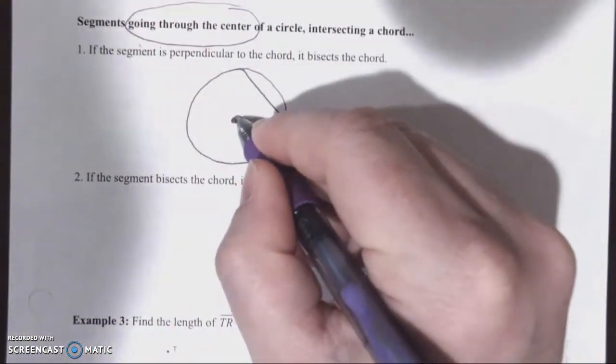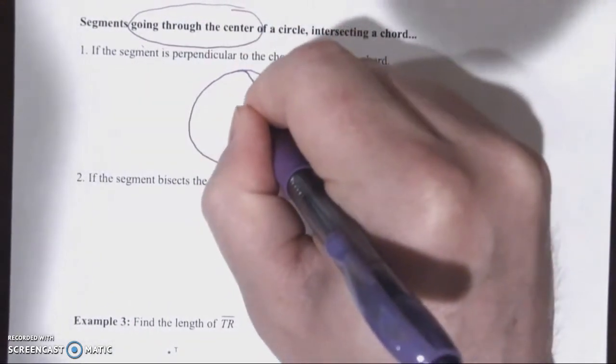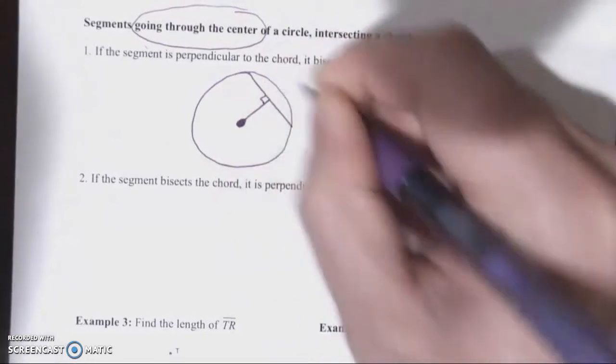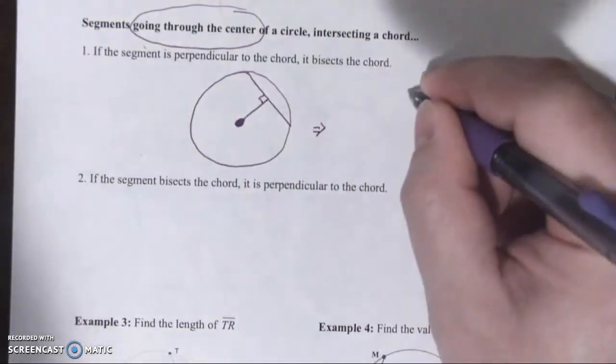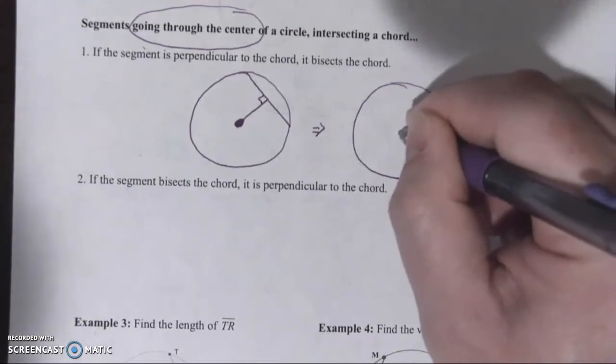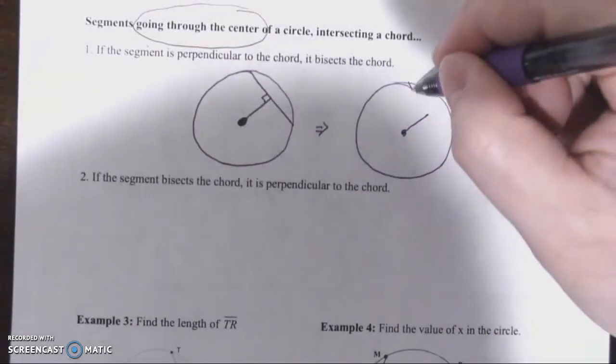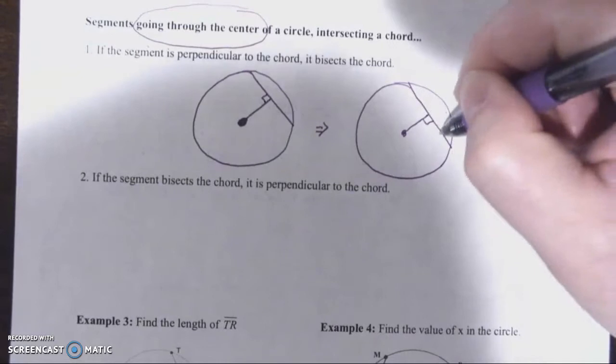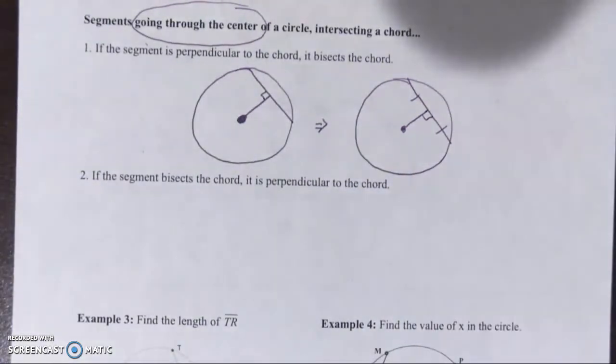So if I draw a segment from the center of this circle and it's perpendicular to this chord, then it bisects the chord.